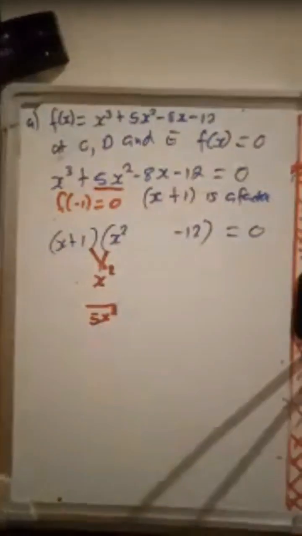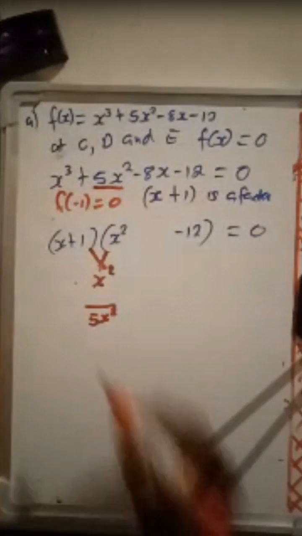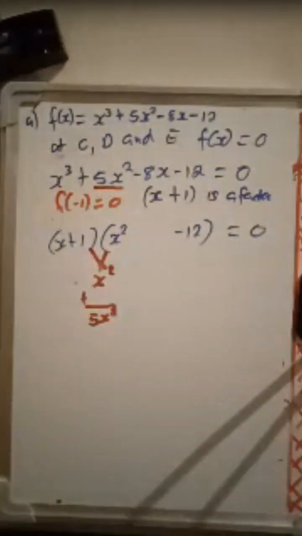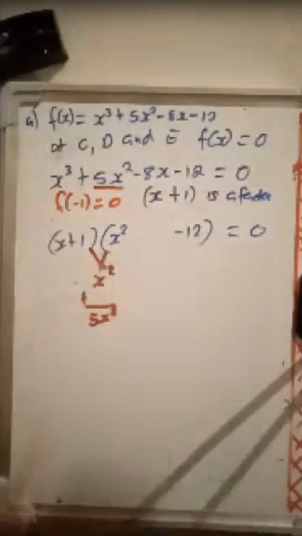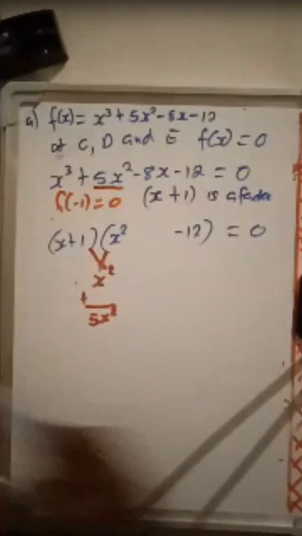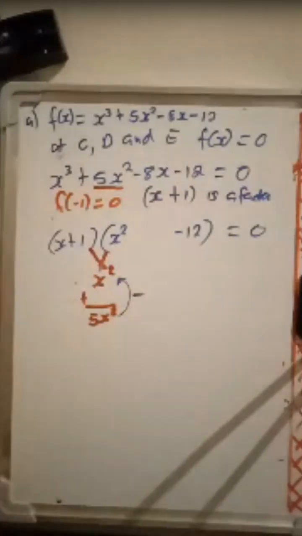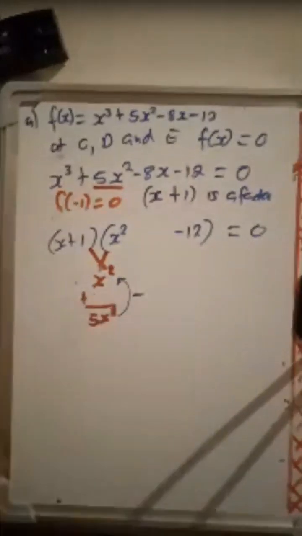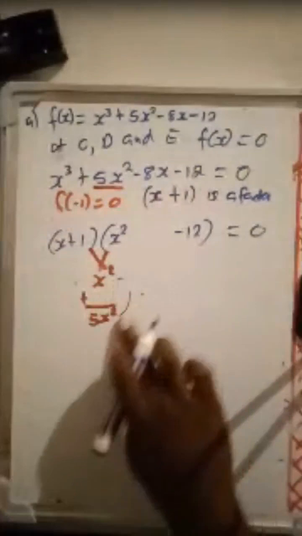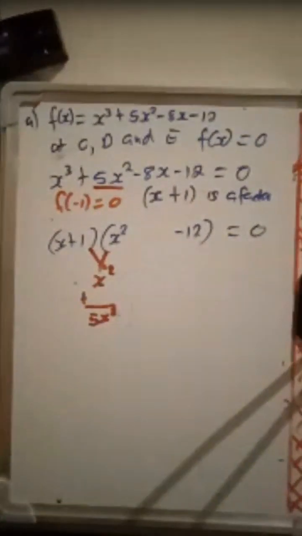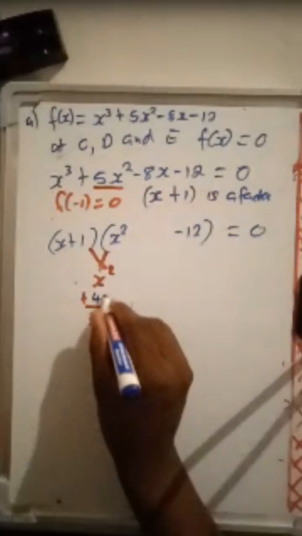So now, in order to see what I need to add to get 5x squared, this is simple. 5x squared minus x squared, what do I get? 4x squared.